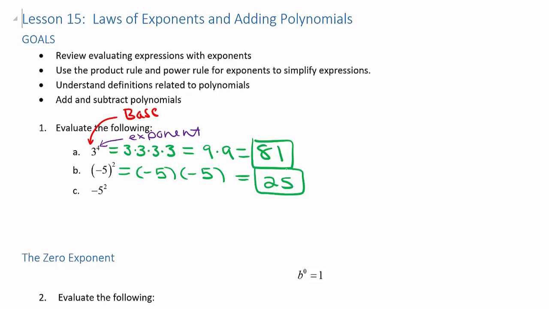However, if there aren't parentheses, the negative is not part of the base. The negative is just in front of the problem, and the only thing we're squaring is the 5. So this is a -5 times 5, which actually gives us a different answer. We end up getting -25. So we need to have parentheses if we want to include that negative in the base.